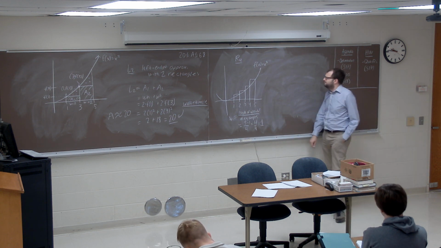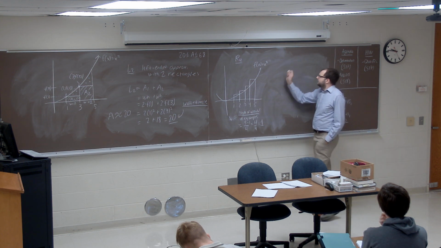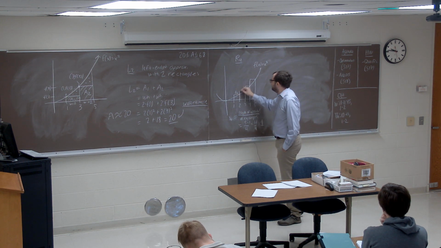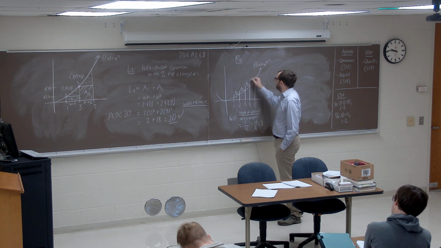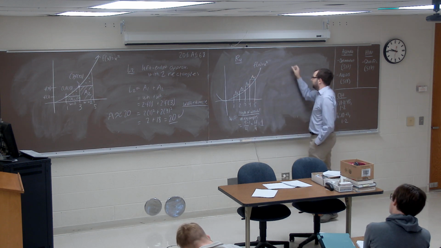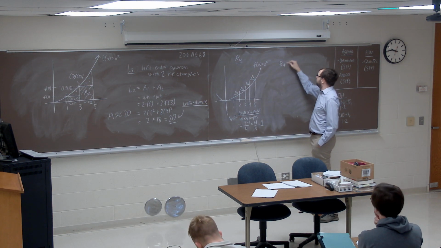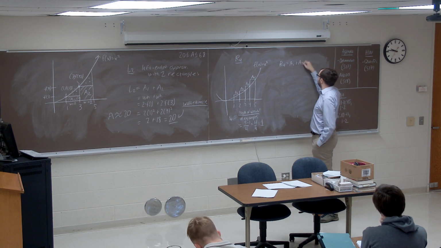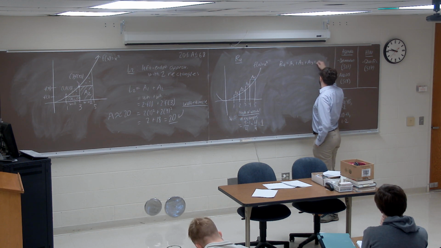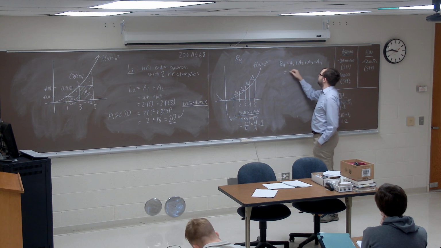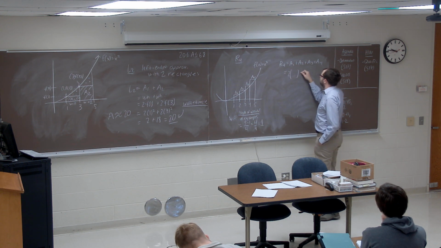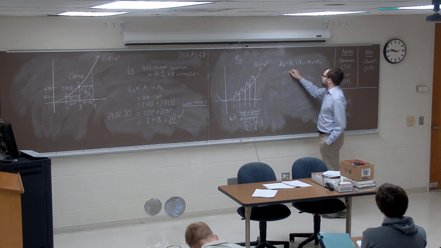So, question. How do we find the area? This time we're going to have 4 rectangles to deal with, all of which are going to have a width of, not 2, a width of 1 this time.